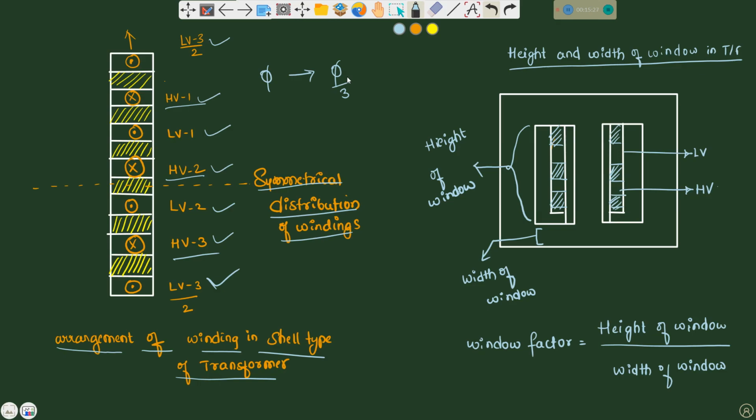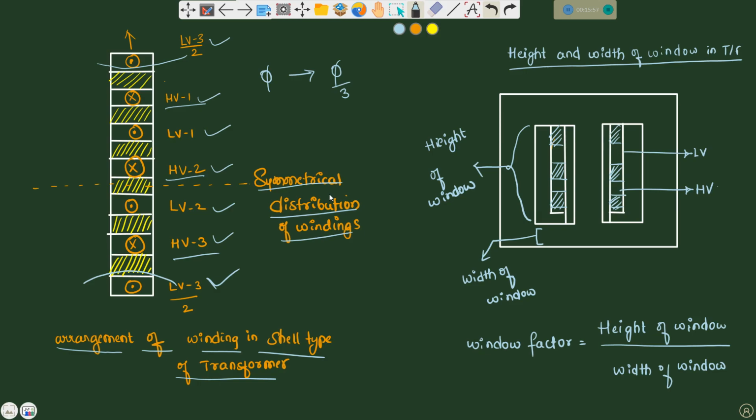In a shell type transformer core, the extreme LV winding sections should contain 50% of the turns, extreme meaning these, when compared to the inner LV winding sections, to get a symmetrical distribution of the windings, as I discussed here. This gives good mechanical stability for the windings.